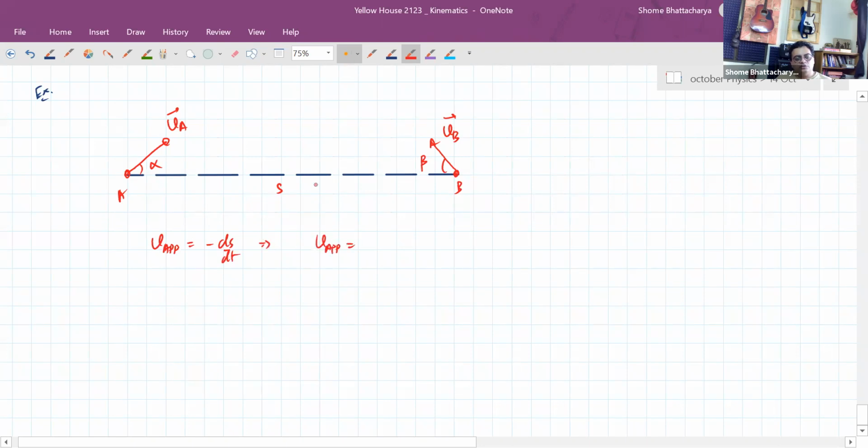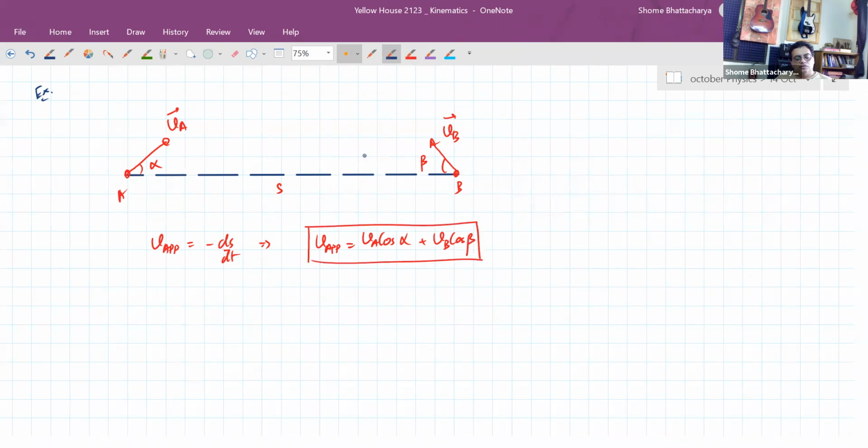So it will be the component of A's velocity directed towards B, that is VA cos alpha, plus the component of B's velocity directed towards A, which is VB cos beta. So as a numerical example, let's see this now.